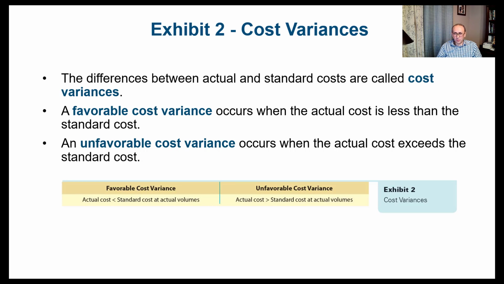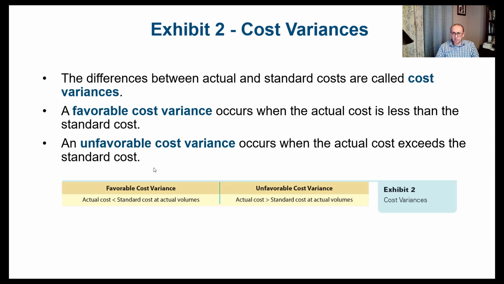Because keep in mind, we want to have lower actual cost in our production because that gives us the flexibility of having more profit margin per pair of jeans that we sell. An unfavorable cost variance occurs when the actual cost exceeds the standard cost.